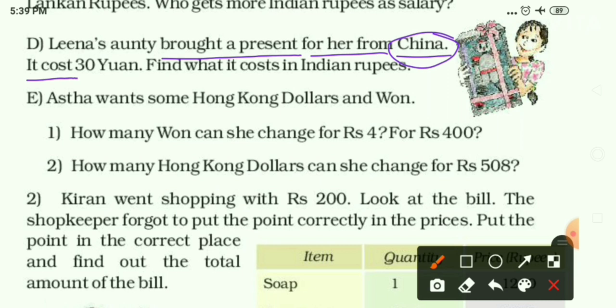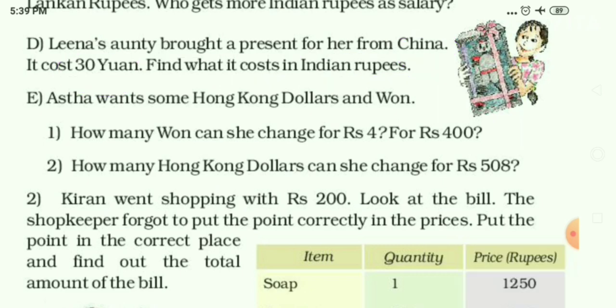It cost 30 yuan. Find what it cost in Indian rupees. Means we have to convert 30 yuan into Indian rupees. So for that we have to know how many rupees 1 yuan makes. So from the table we can find that 1 yuan makes 5 rupees and 50 paise.